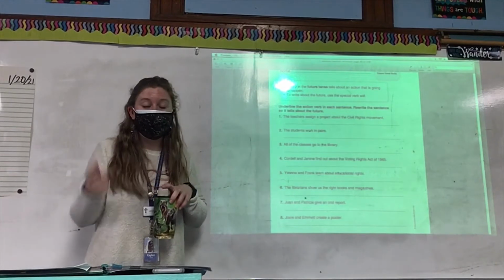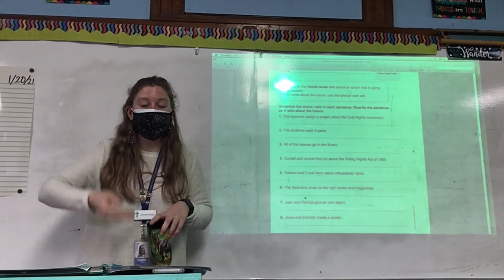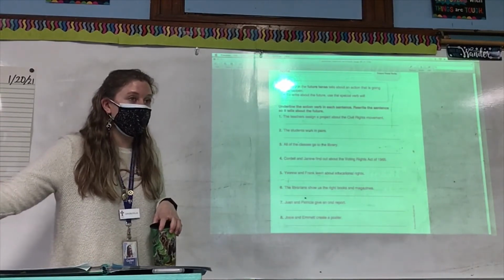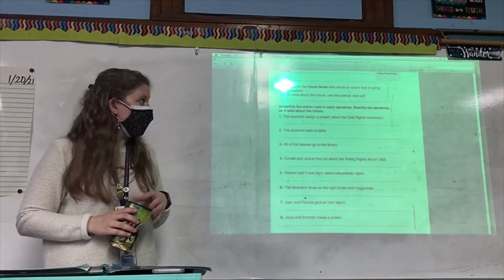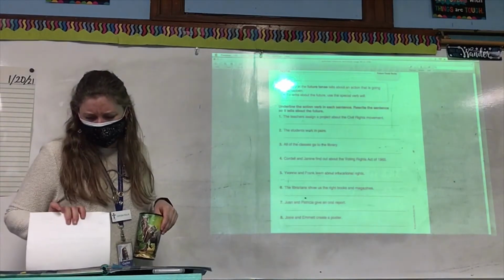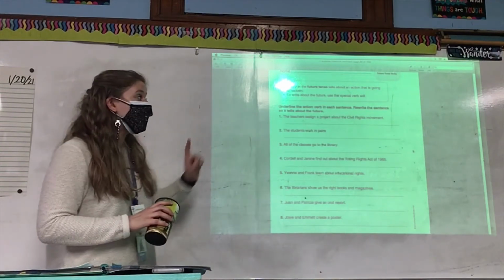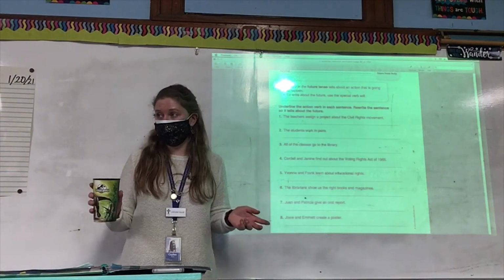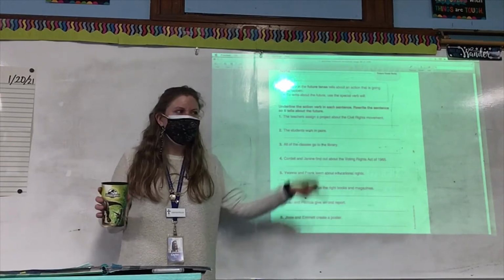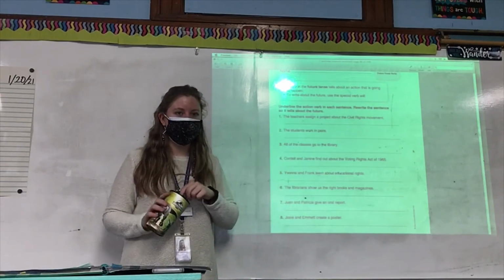So will helps an action verb tell that it's going to happen. It hasn't happened yet, but it's going to happen. I think next week we'll learn more about helping verbs. Will is not the only helping verb, but it's the main one when we're talking about future tense.